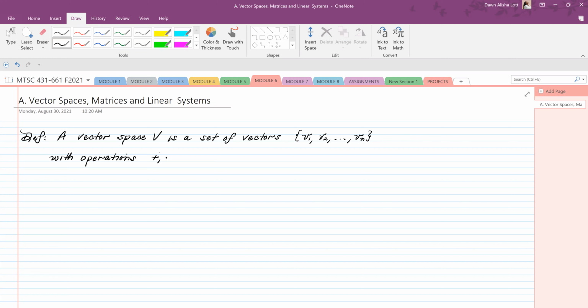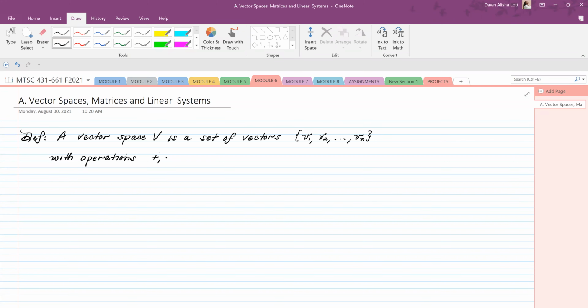Because vector spaces don't necessarily contain vectors, they can be polynomials, they can be 4x4 matrices. I'm not going to put the vector sign over top of the vectors, so we just know that that's a vector space. So here are some examples. You guys know vector spaces very well. The first one I want to give you is V equal to the vector space Rn.